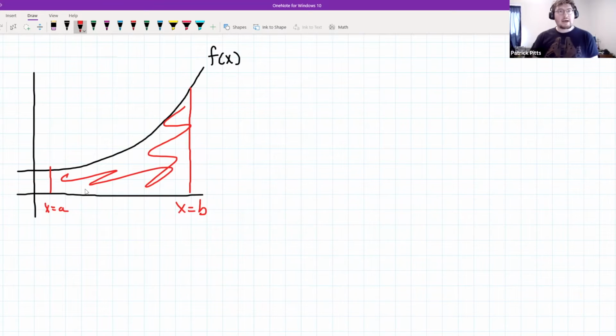How do I find this area? Well, the unfortunate answer is that's hard. We can use some of the same logic we used when we talked about derivatives to figure out a sneaky way to find the area.